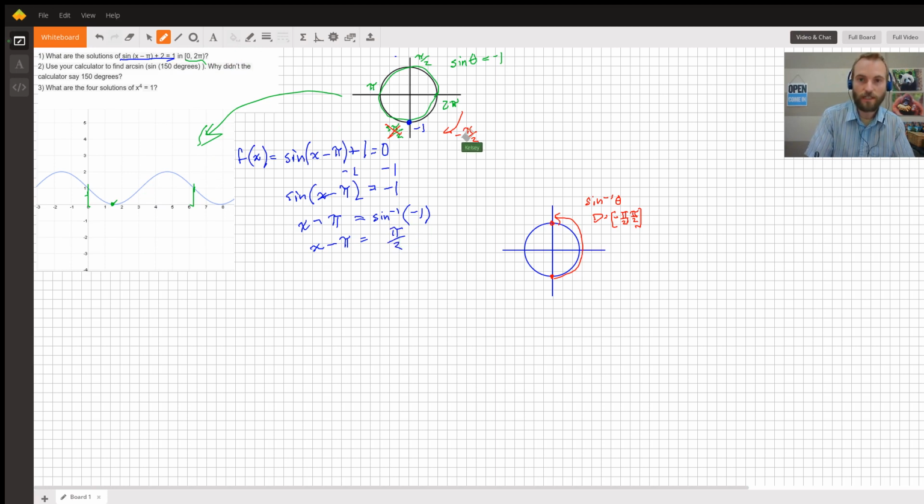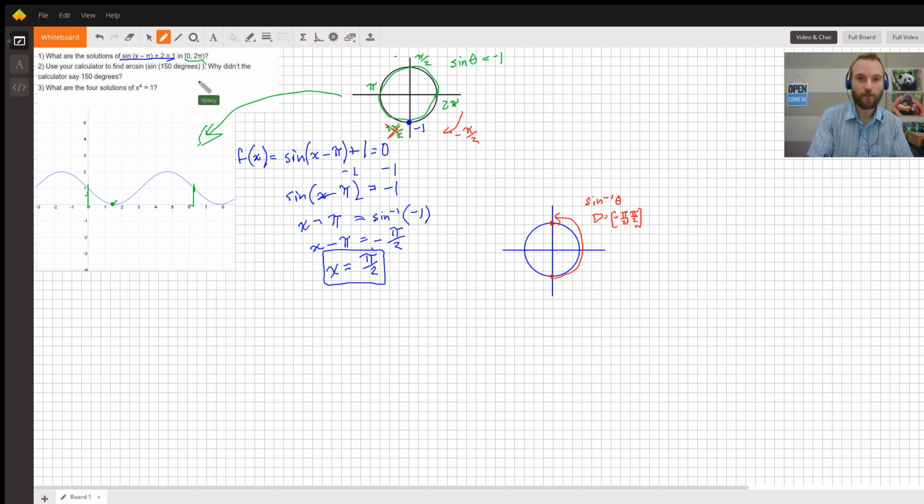So what we really want is, we're saying this is equal to now 3 pi over 2. Sorry, not 3 pi over 2, -pi over 2. There we go. Now if we solve for x, this is the easy part. If we solve for x by adding pi to both sides, then that -pi over 2 becomes a positive pi over 2. And this is the solution to that first question.